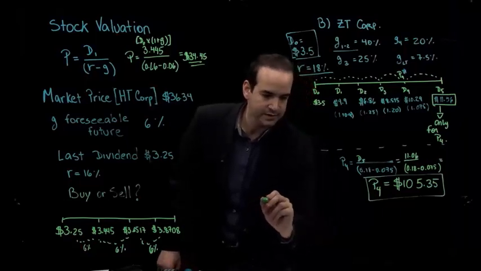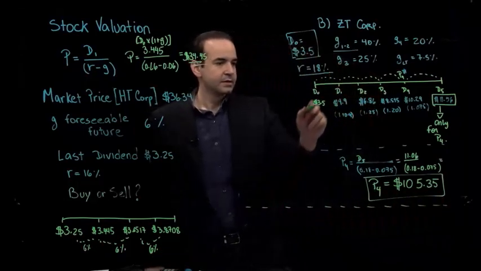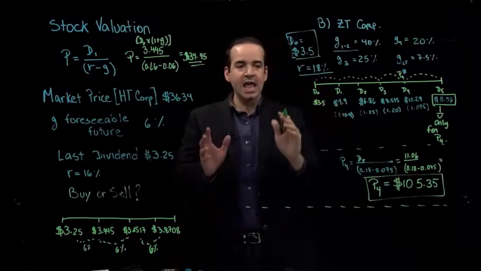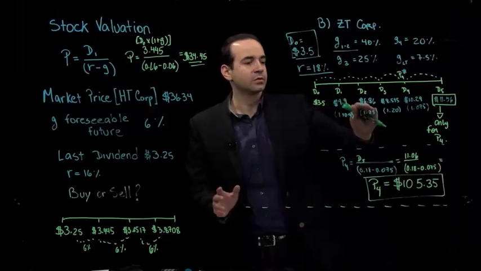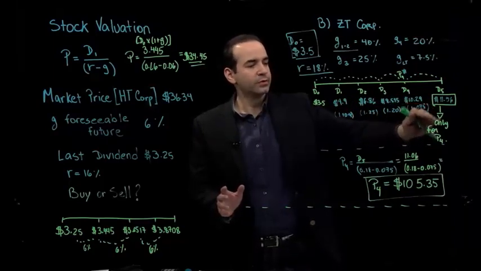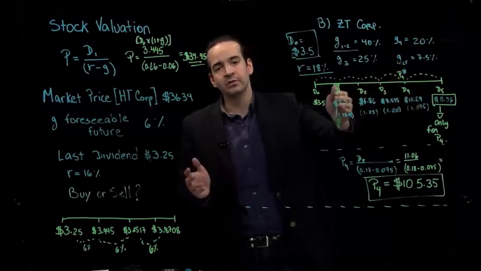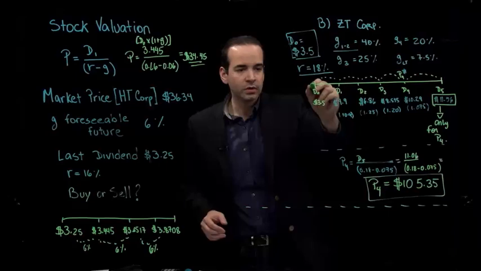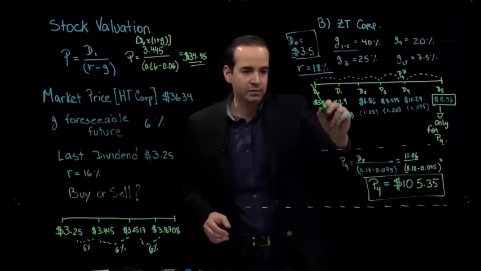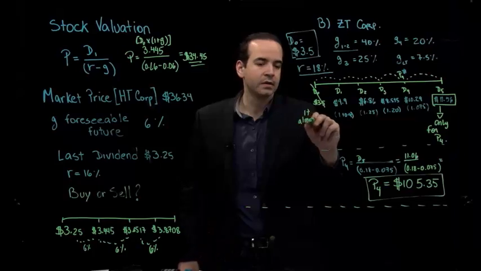Finally, we have this timeline, and this may look familiar. We have a timeline of cash flows, and if we want to find the value of an asset, it's just the present value of all of the cash flows. We already have the cash flows. So we are going to ignore D0 because it already happened, right?